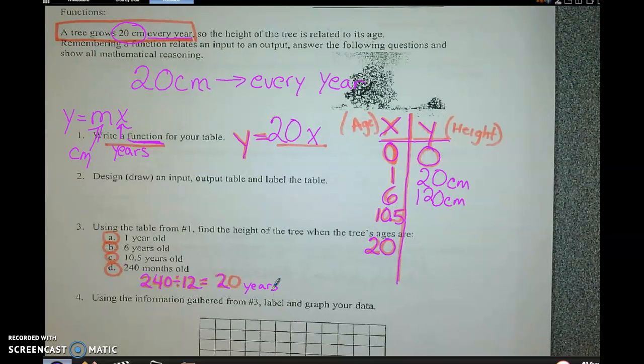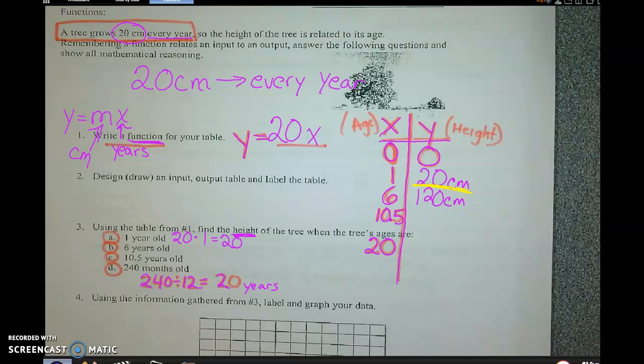So now number 3, using the table from number 1, find the height of the tree for when the tree's ages are, and we have these 4 ages. Now we've already gotten started with that as we were filling in our table. So for when it's 1 year old, we're going to use our function to help us. So we do 20 times 1, and that gave us our 20 that we put over here in our table.